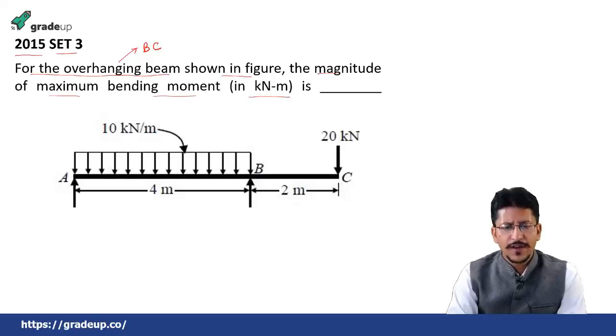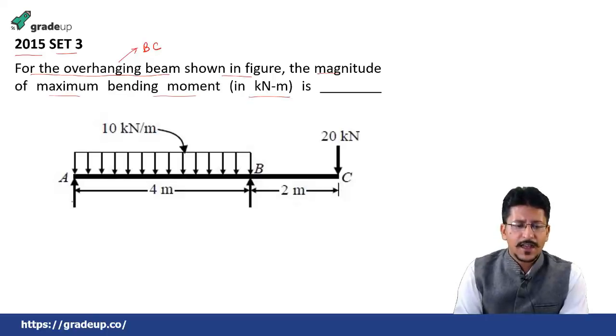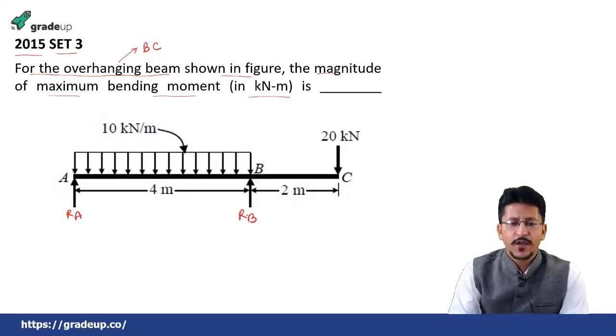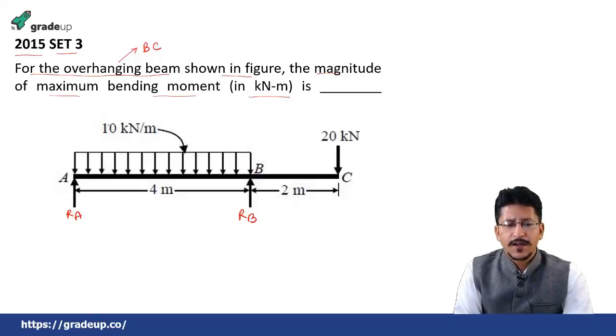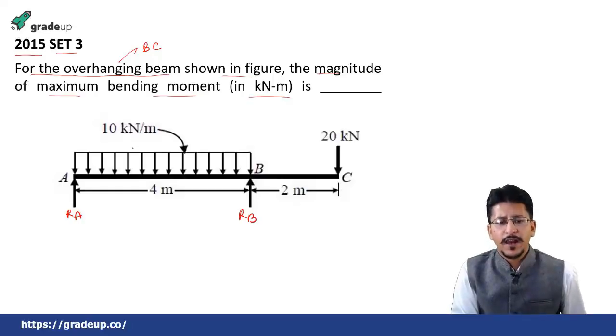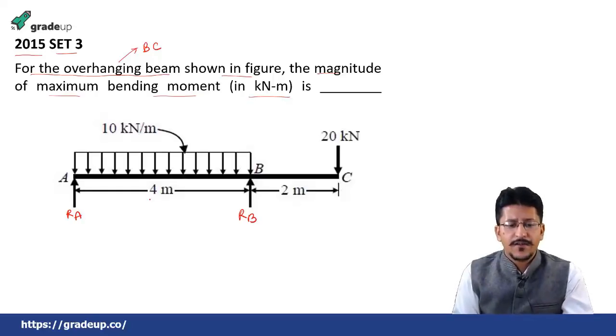So first of all, we need to find out the reactions at A and B. So RA and RB. What will be that equal to? The 10 kilonewton per meter is the intensity of the UDL, and it is acting for a length of 4 meters. So the total load that will be acting here will be 10 into 4, which is equal to 40 kilonewton.